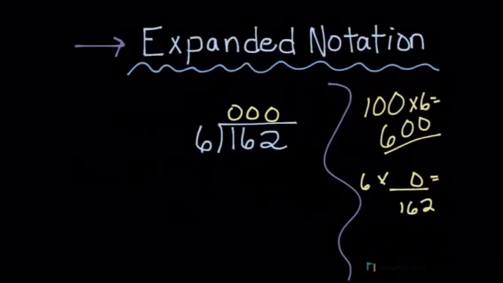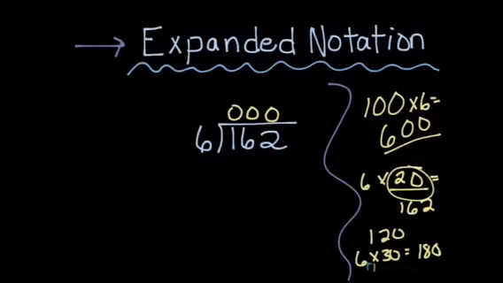That's too low. 6 times 20, 120, maybe. 6 times 30, that gives me 180. That's too high. So we're going to use 20 for our tens. And that is going to give me 120. I'm going to subtract, and I get 42.